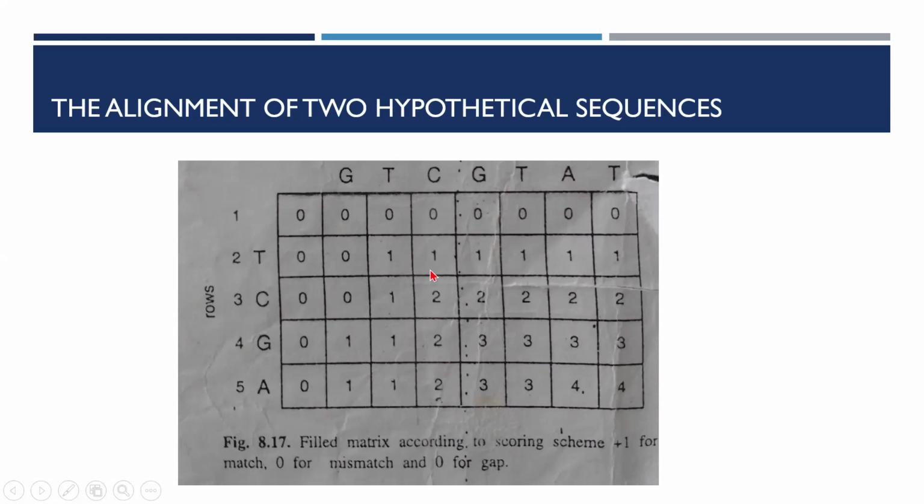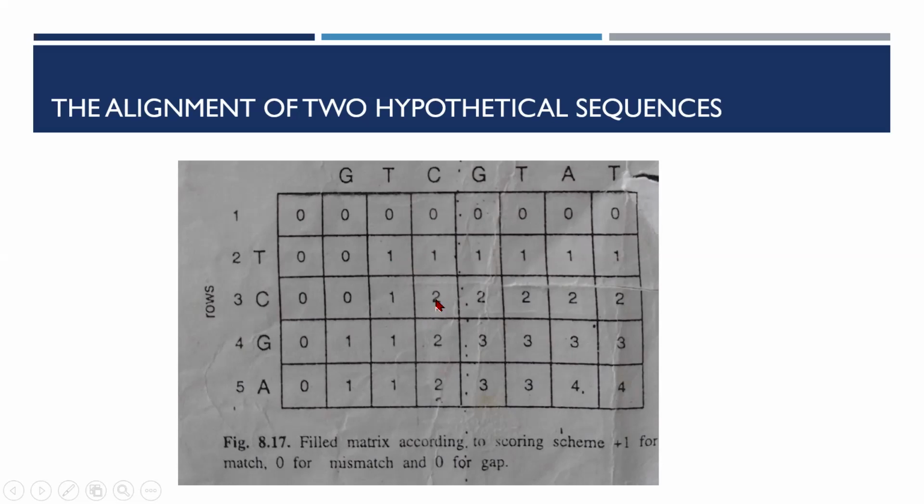There is also one trick. Instead of applying the algorithm formula every time, calculating the maximum value and filling up, I'll tell you one small trick so that you would be able to fill this matrix very fast. Say, for example, you take this particular cell. Look at these three positions and see whether it is a match or mismatch.